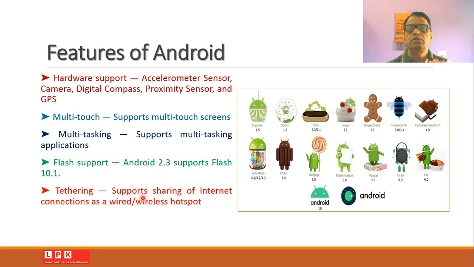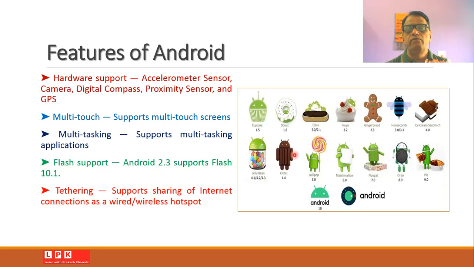There are a large number of versions of Android available, starting from Android 1, 1.1, 1.6 to the latest Android 10 and Android 11. You will find that a large number of Android versions have been released by Google. People can make use of these versions.